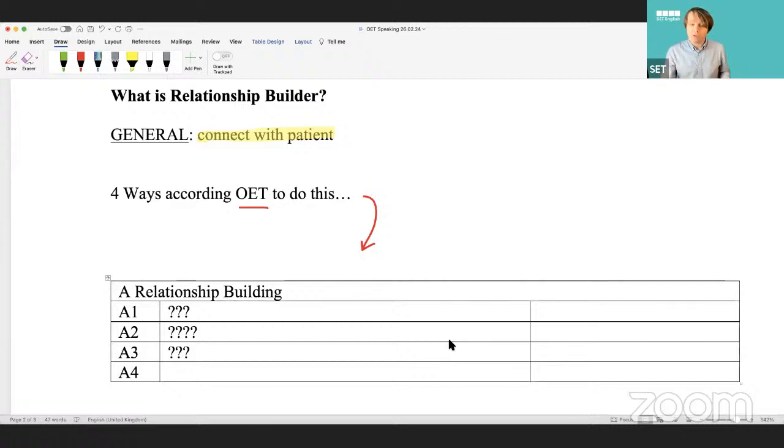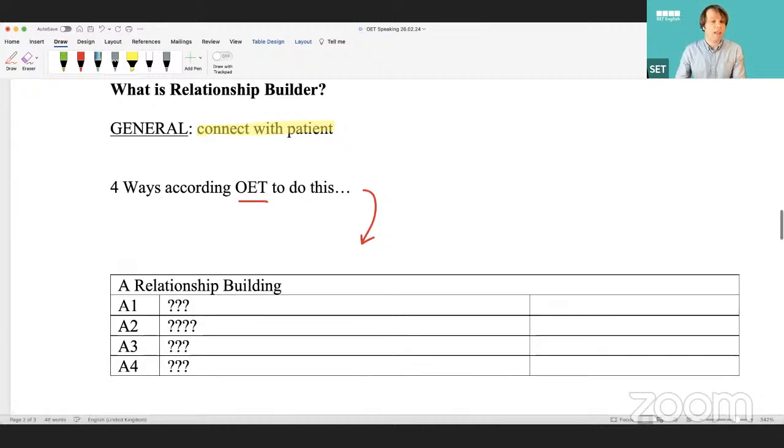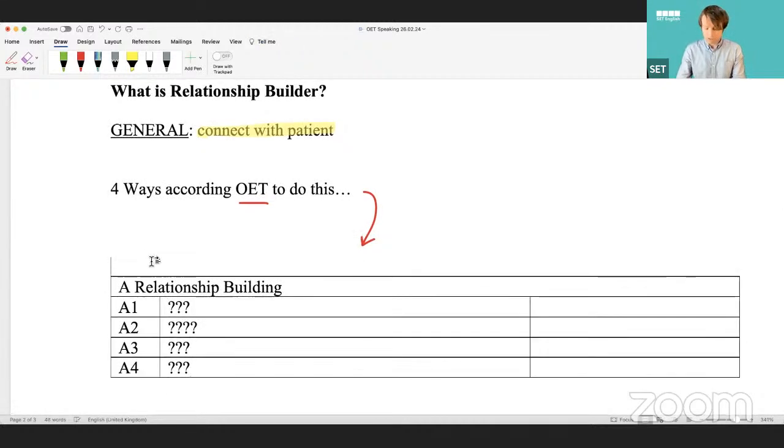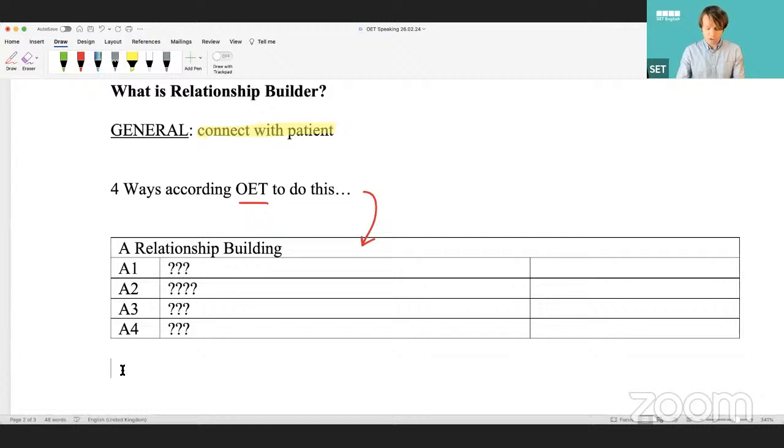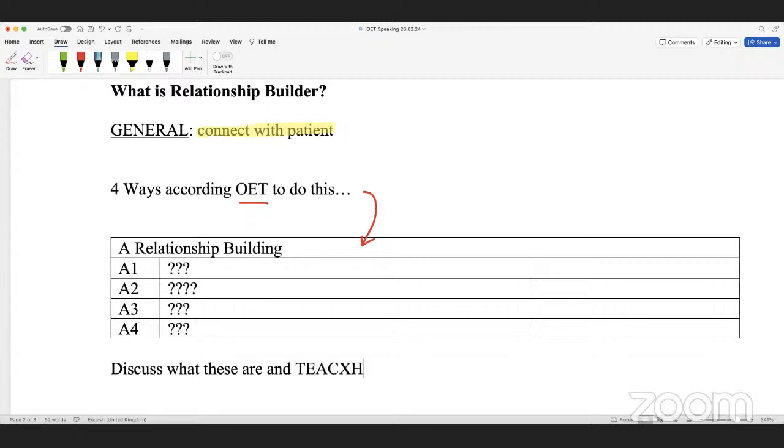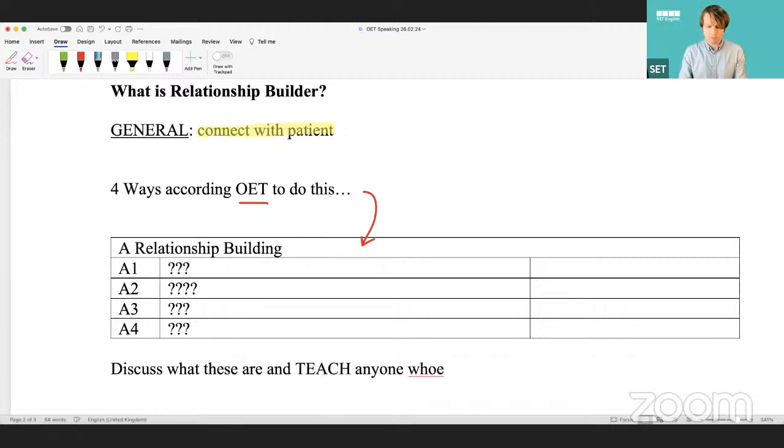Okay, the rooms are opening now. Please go into the rooms and you're going to discuss what are these things. Okay, so off you go, please, guys. No questions. Discuss what these are and teach anyone who doesn't know.